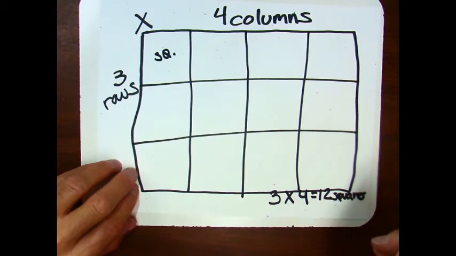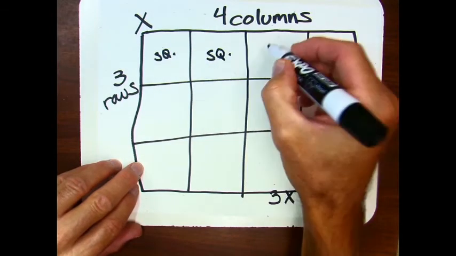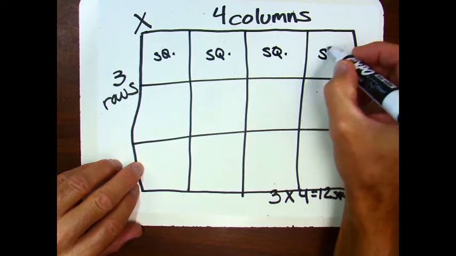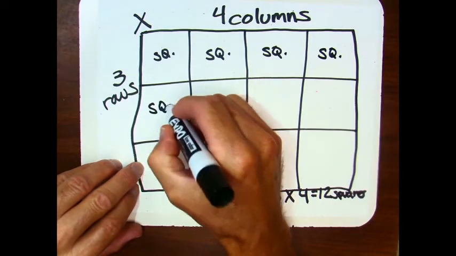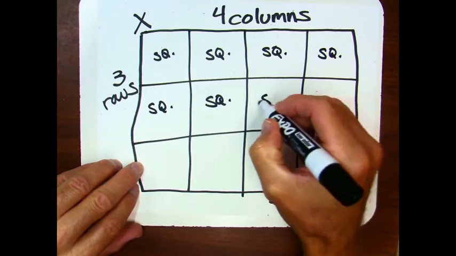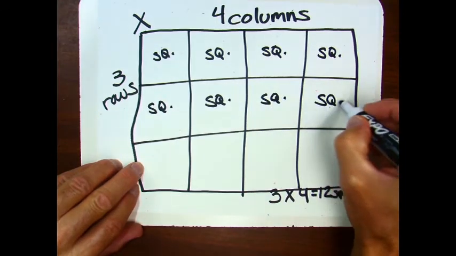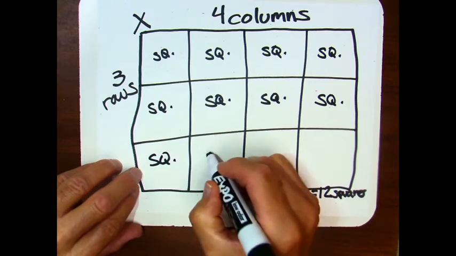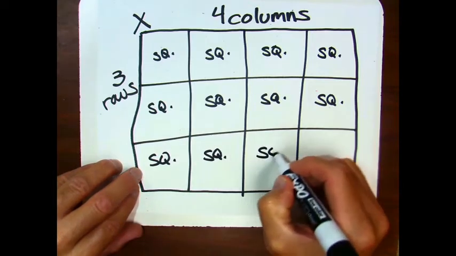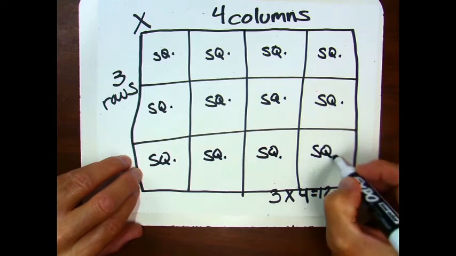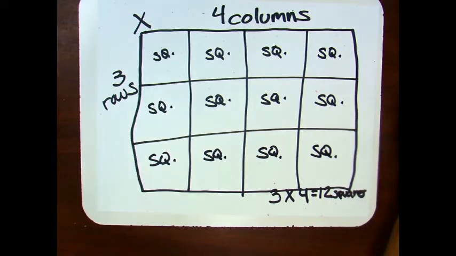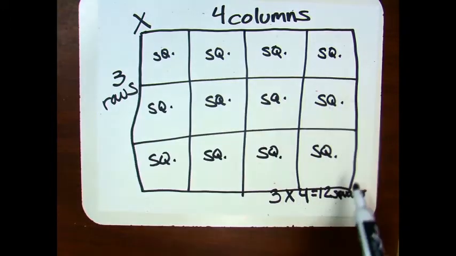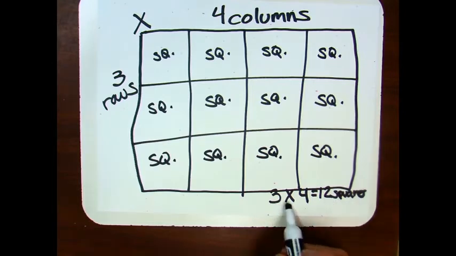I'm going to use the abbreviation SQ for squares. How many squares are there in this area? We said, hey, there's 12 of them. 3 rows times 4 columns equals 12.